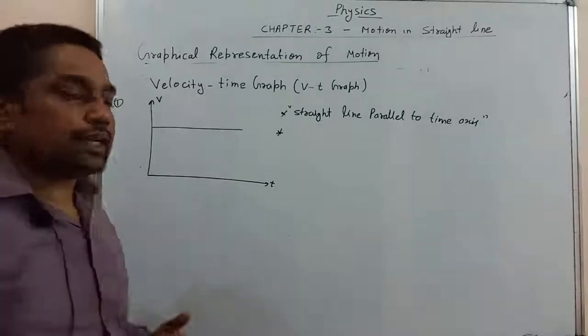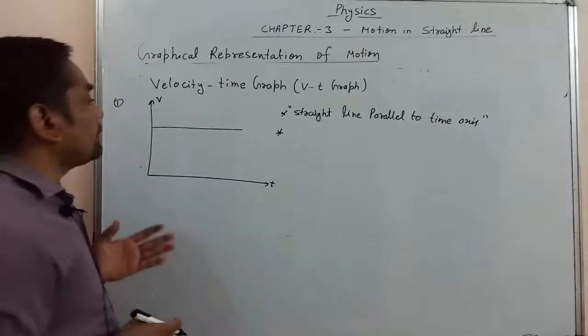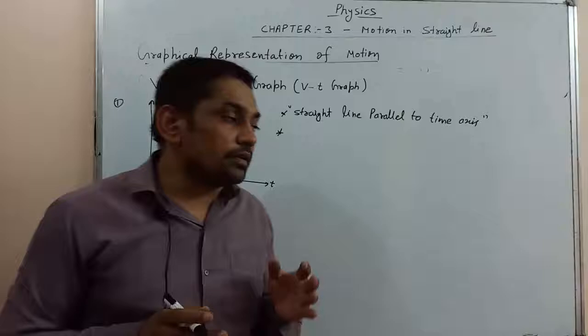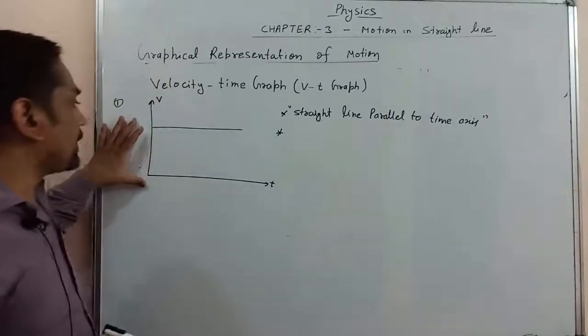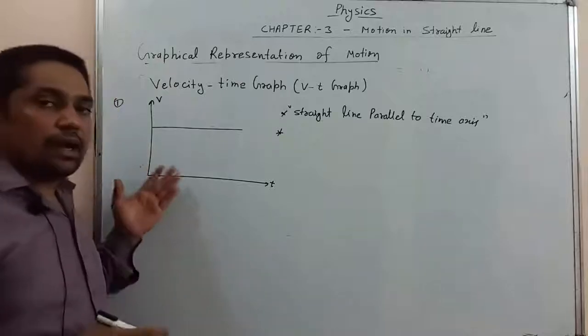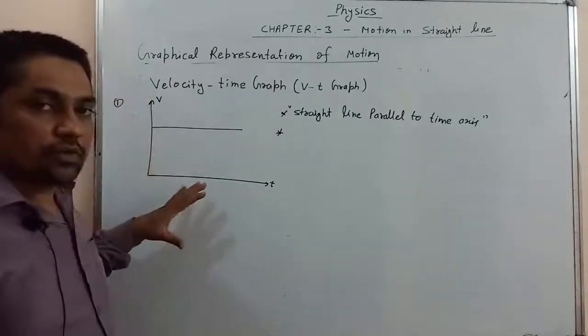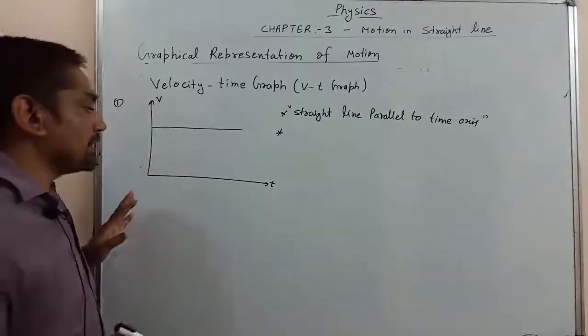What kind of motion can be represented by this graph? First of all, I am asking whether the object is at rest or in motion. Look at this graph and answer whether the object is at rest or in motion. Don't forget, this is not displacement, this is velocity.